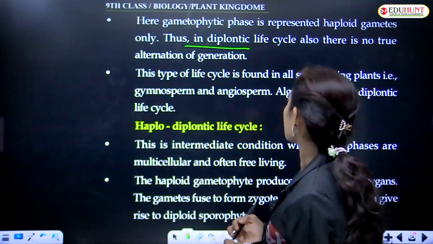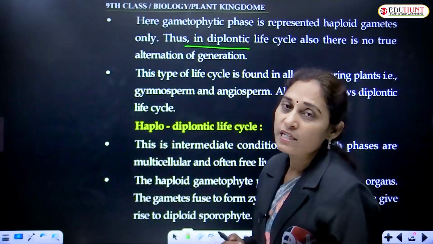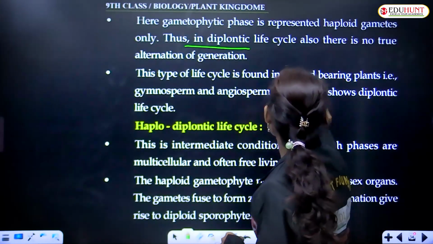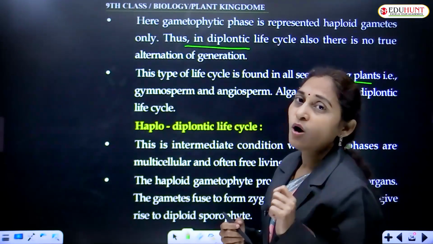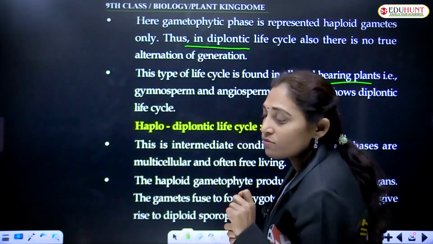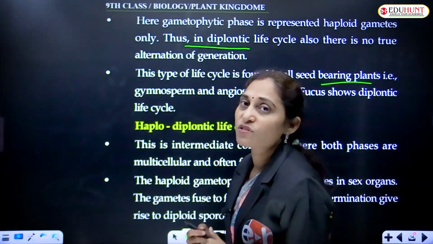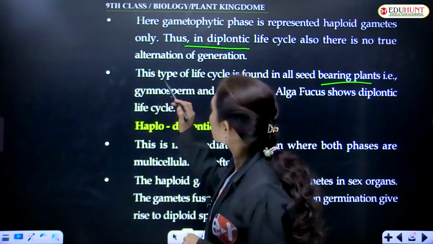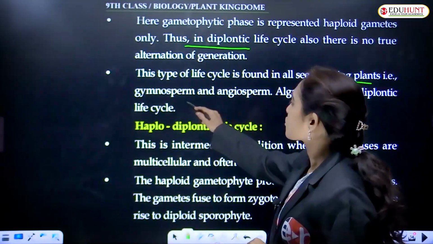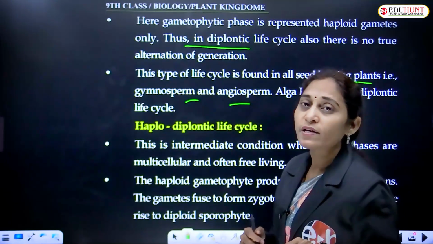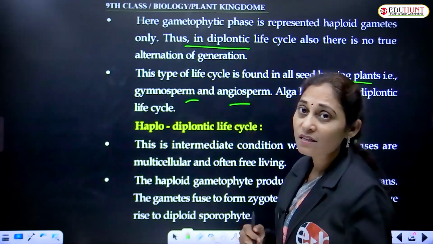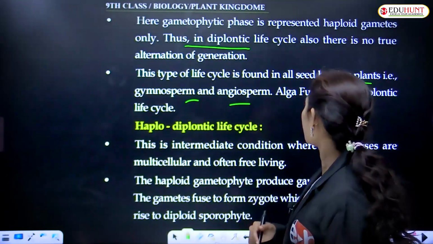This type of life cycle is found in all seed-bearing plants, that is gymnosperms and angiosperms. In phanerogams, the dominating phase of the life cycle is the sporophyte.